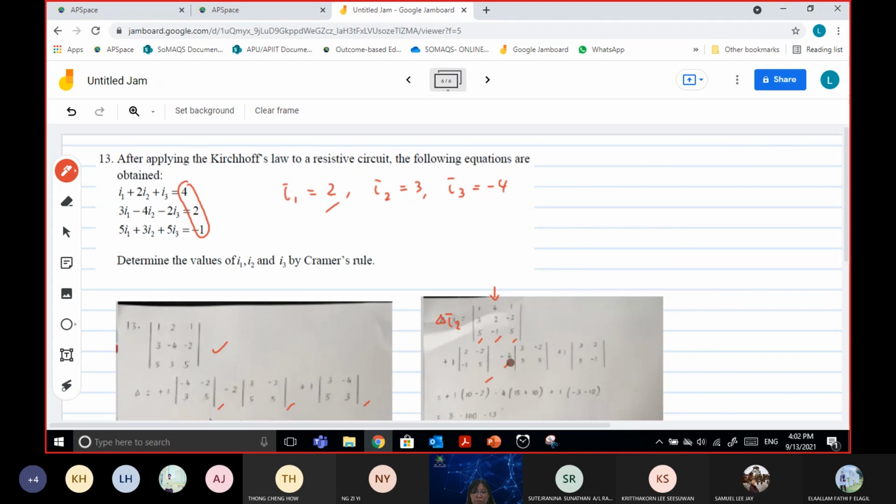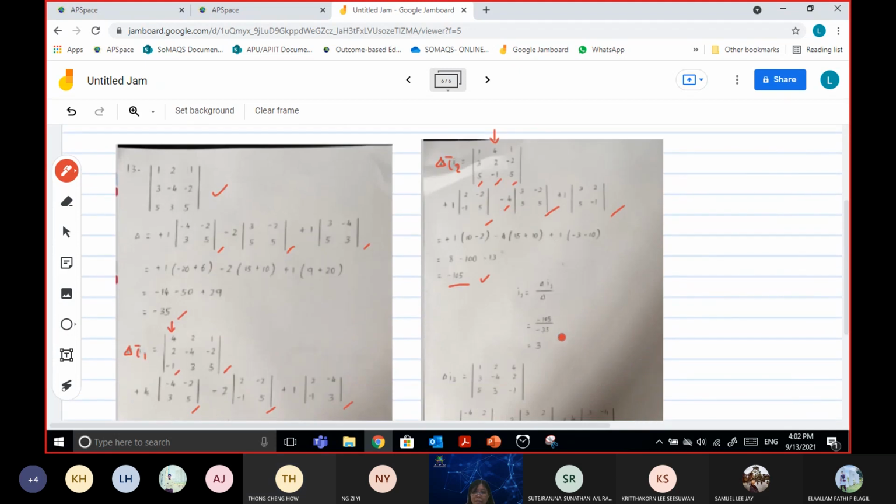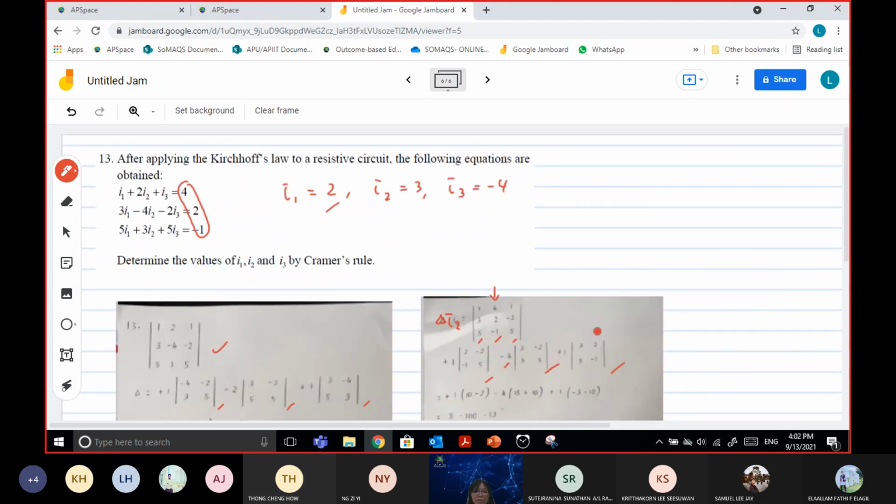Second column negative 4, 3, 5, negative 2, 5, correct. Plus 1, then 3, 2, 5, negative 1, correct. Then the answer is negative 105. Is that correct? Yes, miss. Then divided by negative 35, we get positive 3.